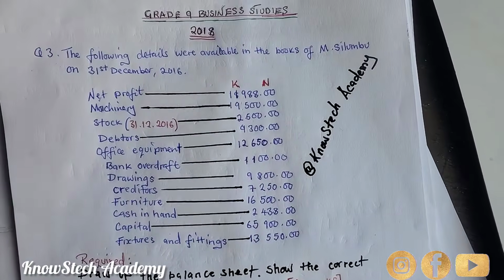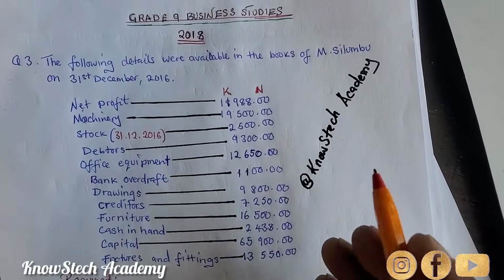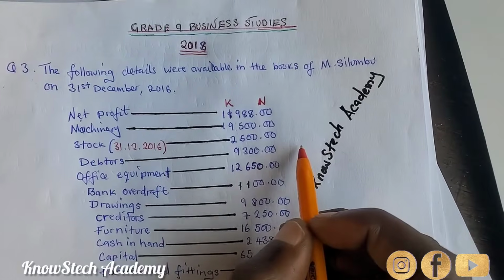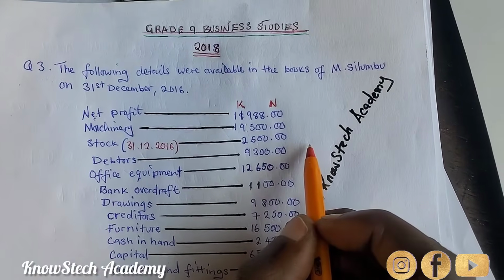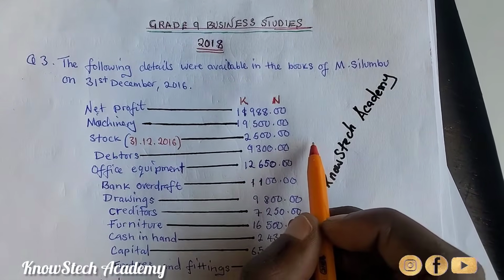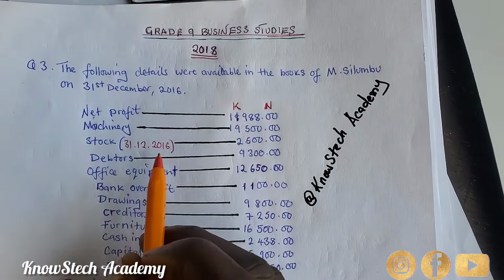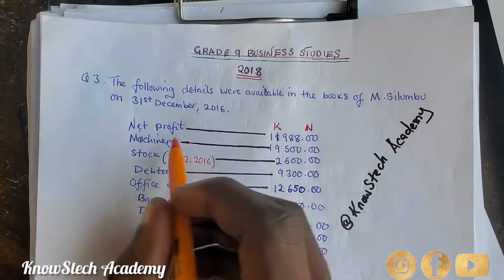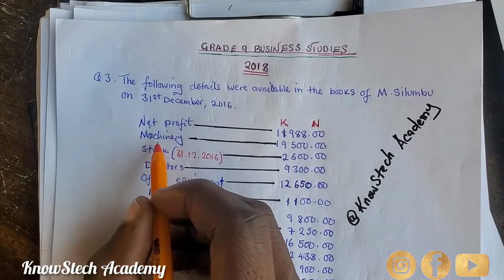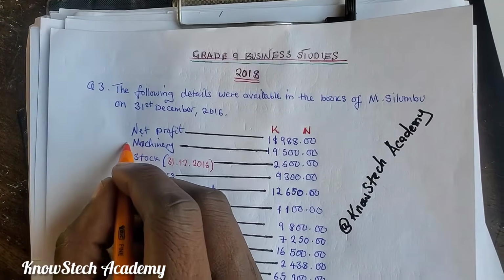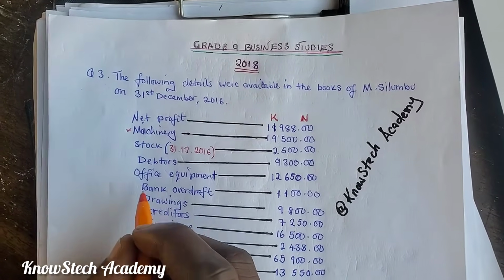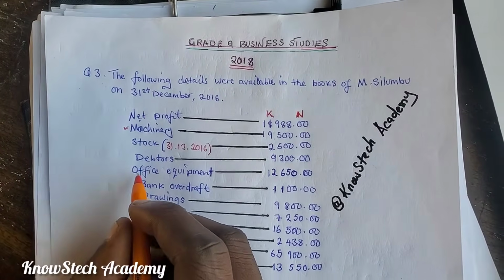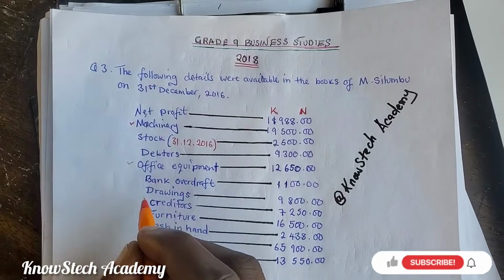In the balance sheet, we always start with assets, fixed assets to be specific. So let's identify the fixed assets that are here. The first one we have is machinery. Machinery is a fixed asset. Office equipment is also a fixed asset.